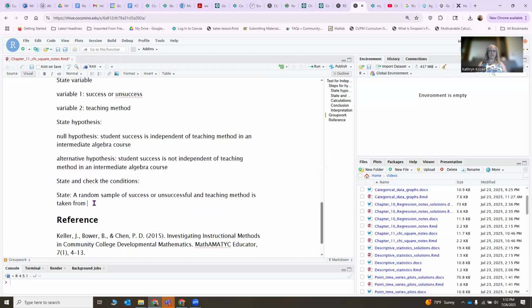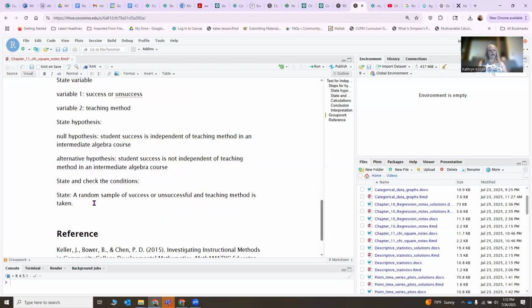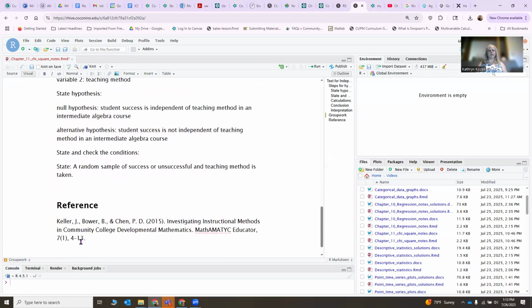So it's taken. I don't actually know how they took the study. I haven't read the whole study. The references are here if you'd like to read the whole study of how they actually took it. My guess is that they had people sign up for the classes in a certain method, and then those students would be looking at the success rates and so forth in the courses.